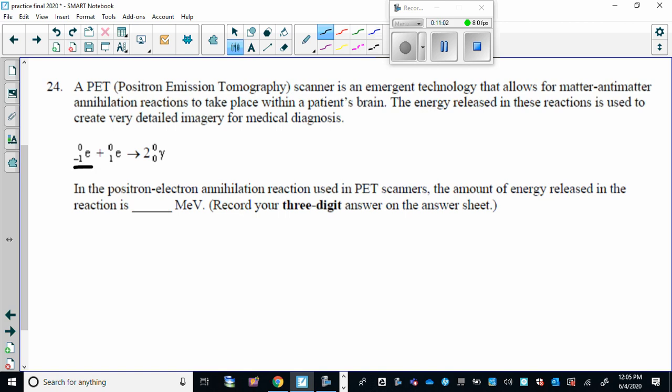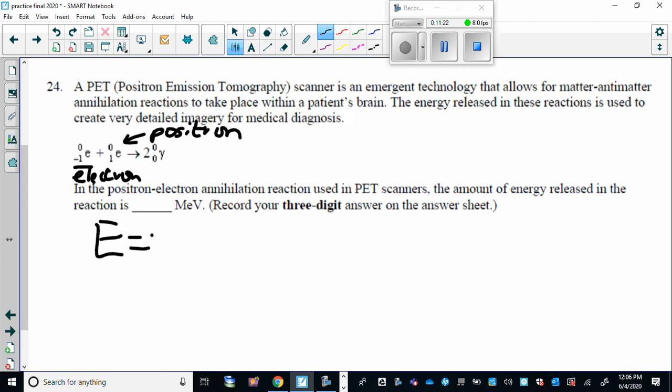So this is an electron, this is the positron. A positron, make sure you remember that a positron has the same mass as an electron, just the opposite charge. So don't put in the mass of a proton.